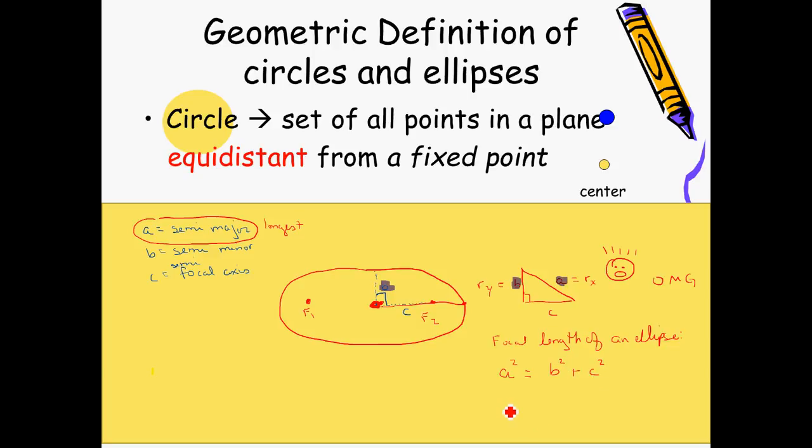So of course, if I actually want the focal length, I need to solve this for C. And remember, a focal length is to the right and to the left. Right? C squared is equal to what? The long hypotenuse squared minus the shorter squared. This is how you find the focal length of an ellipse.